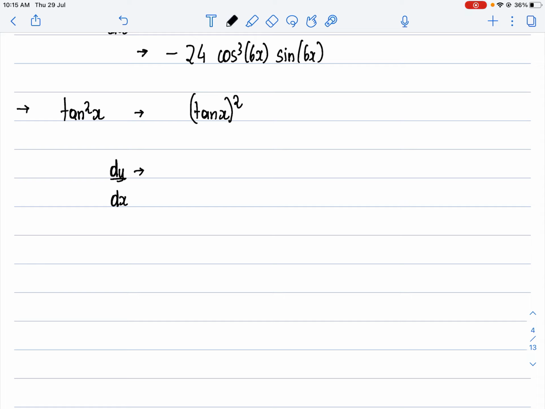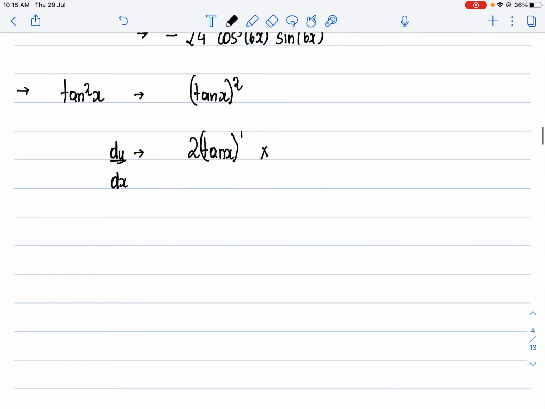So, I differentiate the 2, the outer bracket. So, I get 2 tan x the whole raised to 1 multiplied by the differentiation of the inner function, which is the differentiation of tan x. The differentiation of tan x is sec square x. Correct? So I can simply write this as 2 tan x sec square x.